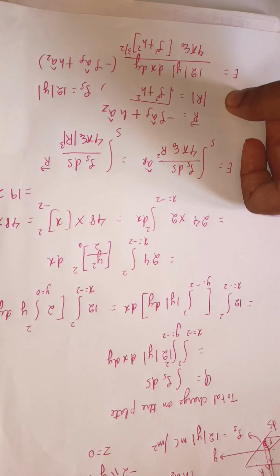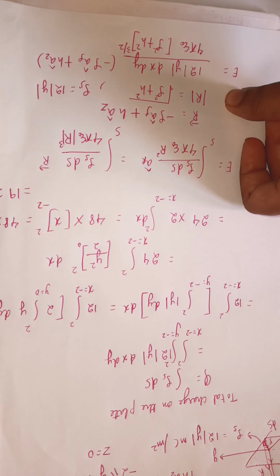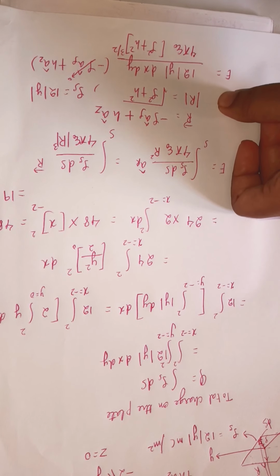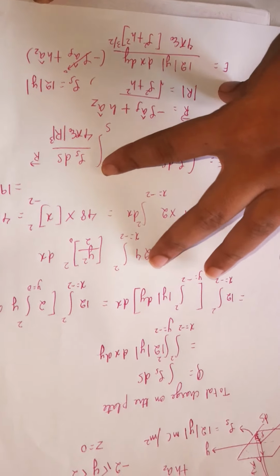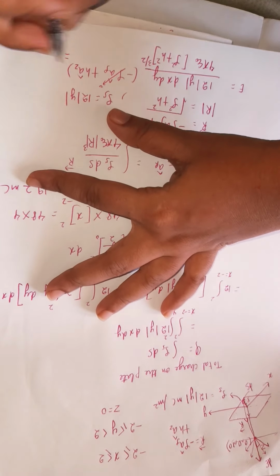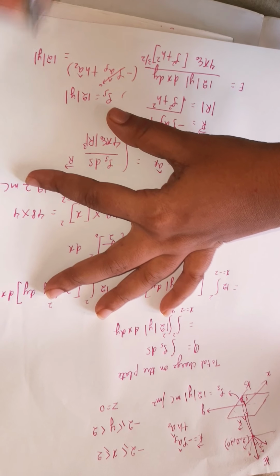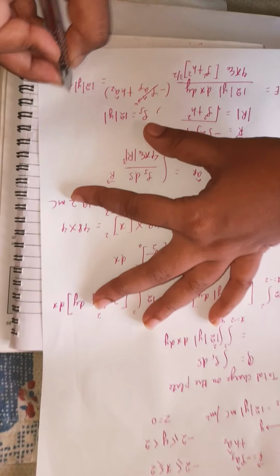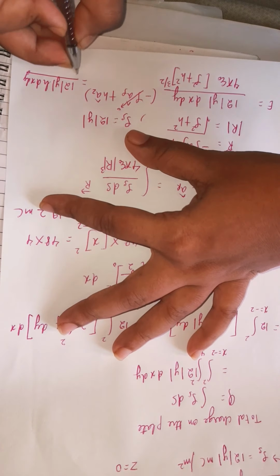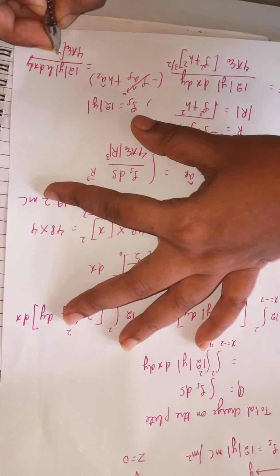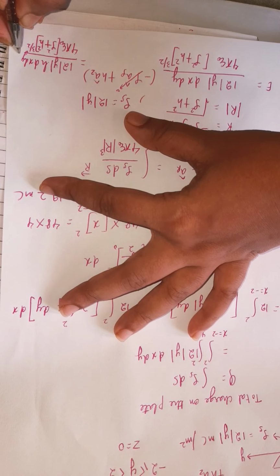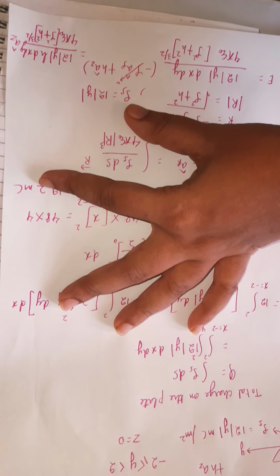Because anyhow our net electric field will be in the Z direction, so I'll reduce this component to 0 and not include it in my calculation. It's no use to unnecessarily lengthen the calculation. Then 12 y mod, this is h, then this is dx dy, whole divided by 4 pi epsilon naught rho square plus h square whole to the power 3 by 2, and all this is in the a_z cap direction.